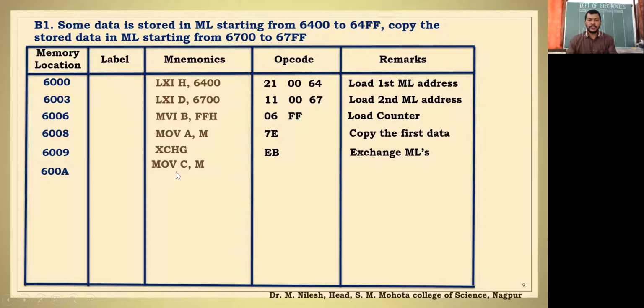The next instruction should be MOV C, M, right? Now we are moving the content of the memory location at address 6700 to register C. So the first data is moved into the accumulator, and the second data is moved into register C. This is the instruction that is to be added, right? Then the same instruction.